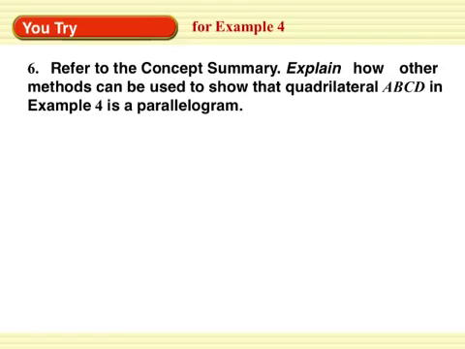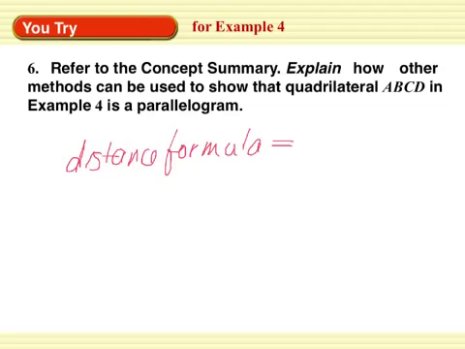Okay, refer to the concept summary. Explain how other methods can be used to show that quadrilateral ABCD in example 4 is a parallelogram. Like I said, we could have done the distance formula on all 4 sides and shown that the opposite sides are congruent, which would have been theorem 8.7.